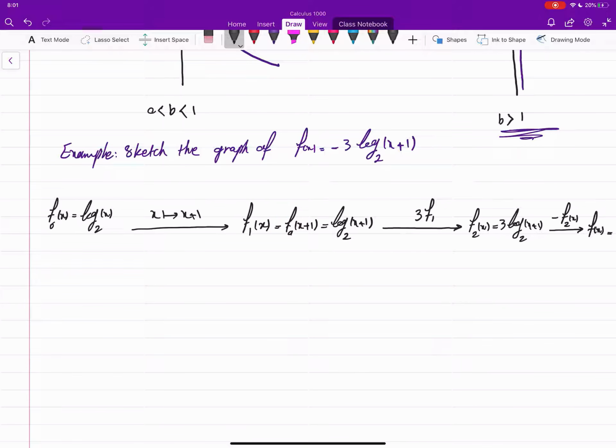Okay, let us start with one function here. For b equal to 2, the graph of the function is something like this. And here is the point (1, 0). When you switch x to x plus 1, what happens is that we have to do a horizontal shift 1 unit to the left.